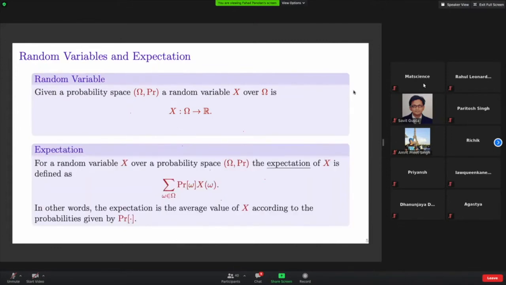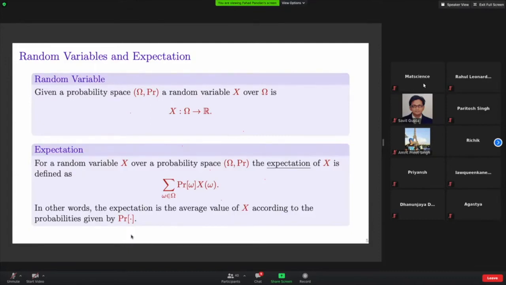And now we need to talk about expectation of a random variable. Expectation of a random variable X is defined as, so X is a function, summation over small omega in big omega, that means small omega is an elementary event, of the probability of small omega happening times X of omega.